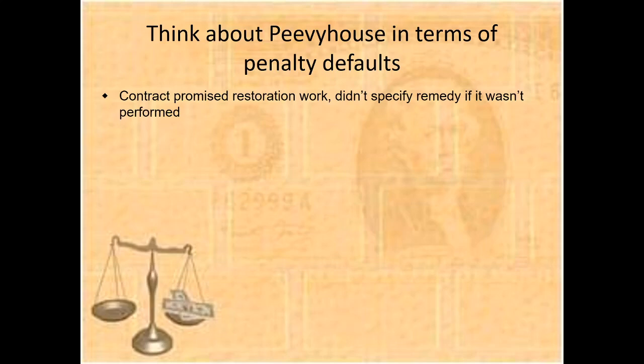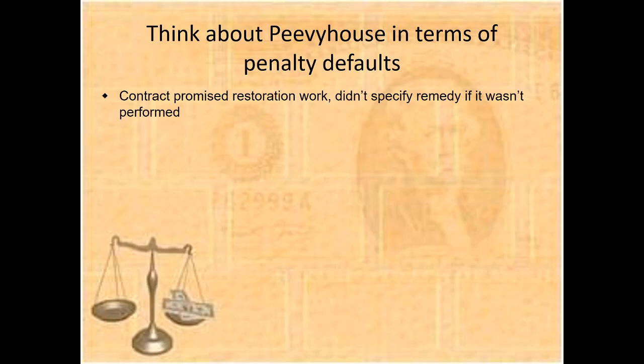So think about PV House in terms of penalty default. Now look at the contrary: in the expectation damage case, normally what PV got is a paltry amount like $300, which is the market value of diminution. If you change the law, like penalty default, as we pointed out in the beginning, this is going to be completely different.